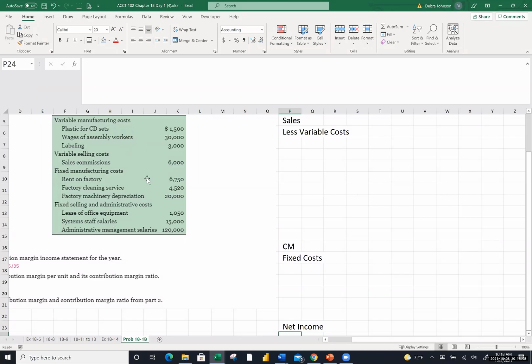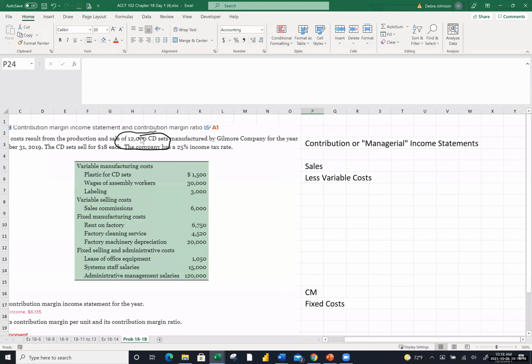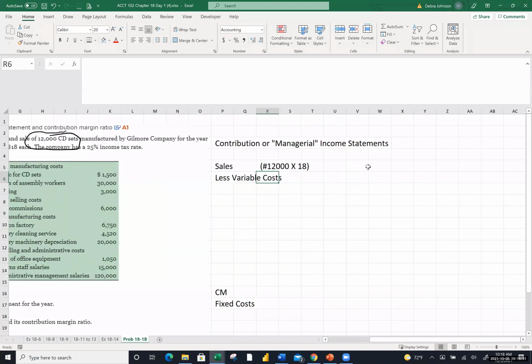Or if they gave us some mixed costs, they're going to have to give us some more information to solve for that. Let me get the sales line in because they told us how many they were selling, 12,000 CDs, and that the sales price was 18. So let me fill that line in, and that'll also help me remember that this is for 12,000 CDs at a selling price of 18.